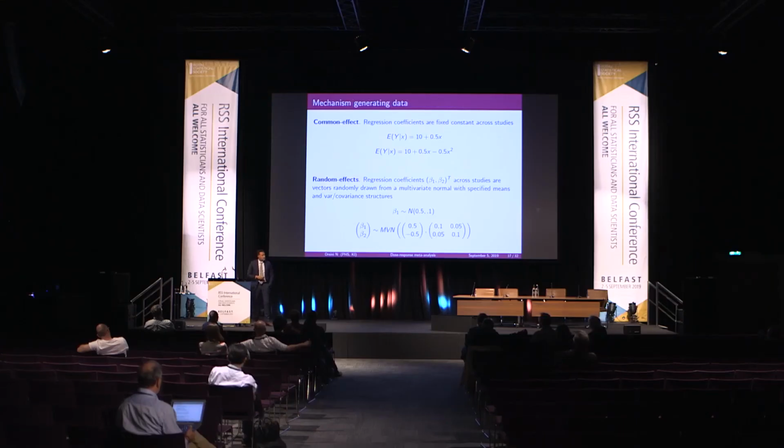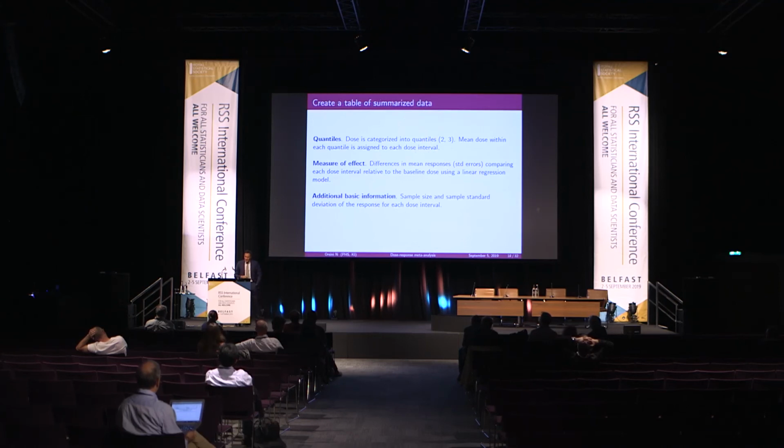In terms of mechanisms generating the data, you can think of a common effect, so beta 1 is the same for all the studies, or you can sample beta 1 from a certain distribution. If you have just a linear trend, it's going to be this. If you have a quadratic relationship, you sample from a multivariate normal with those means and certain variance-covariances.